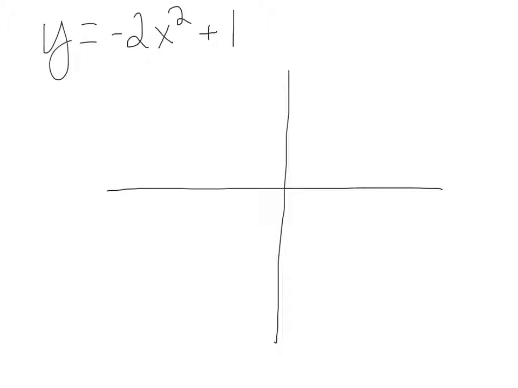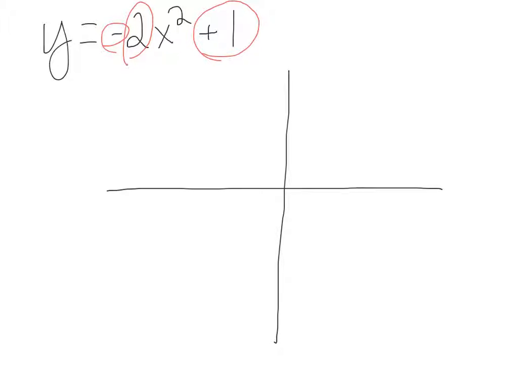Okay, so now we're just going to do one example just to practice, okay? When I look at this, I notice I have all 3 transformations. I have a +1, I have a ×2, and I have a flip, right? We're going to use our order of operations.